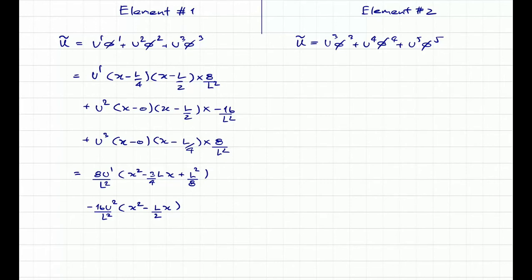Alright, and then 8u3 over L squared times x squared minus L over 4 x.